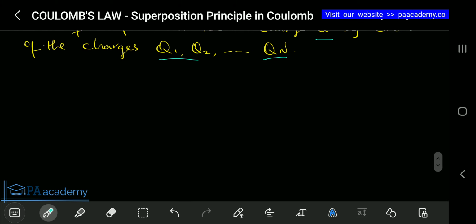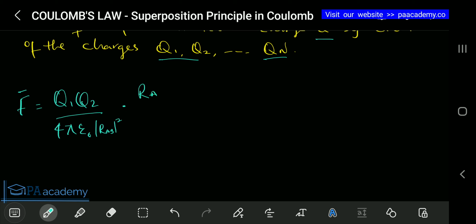So in the previous videos, we've looked at Coulomb's law, where we have F equals Q1 Q2 over 4 pi E naught, the square of the magnitude of the separation, let's just call it R AB, all squared, multiplied, since this is for vector forces, by the unit vector R AB over the magnitude of that vector R AB.